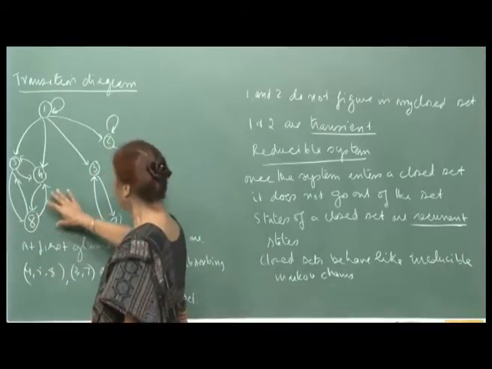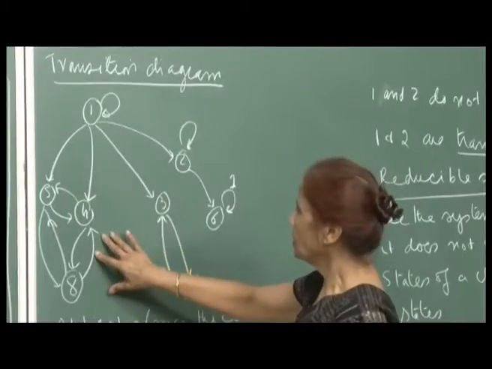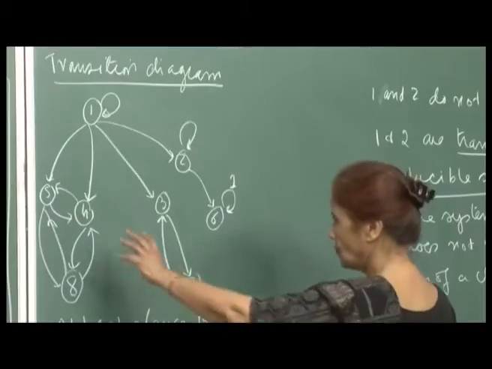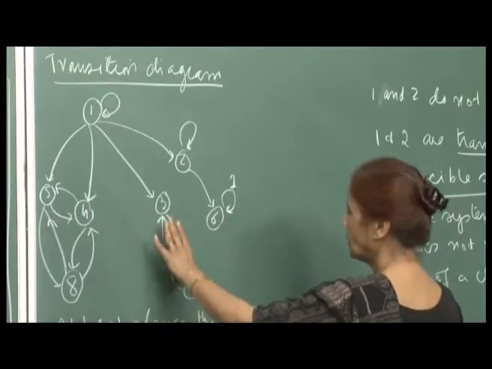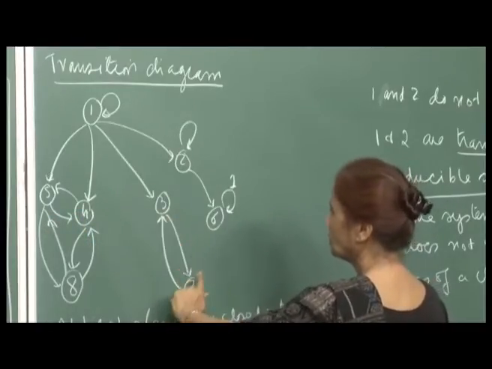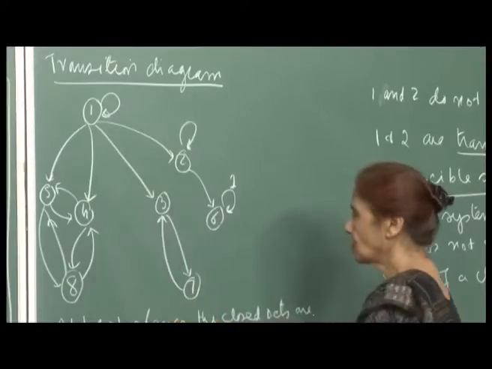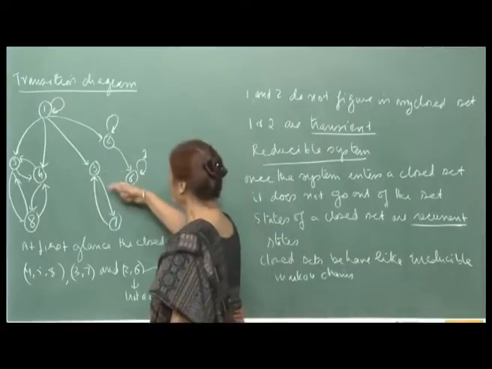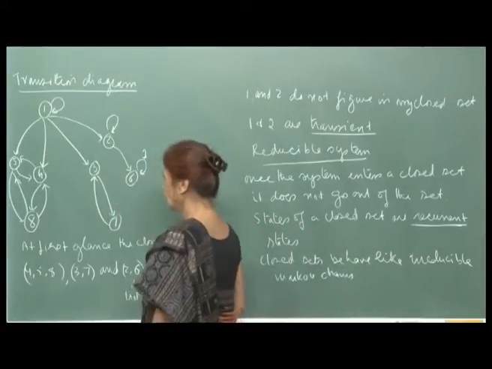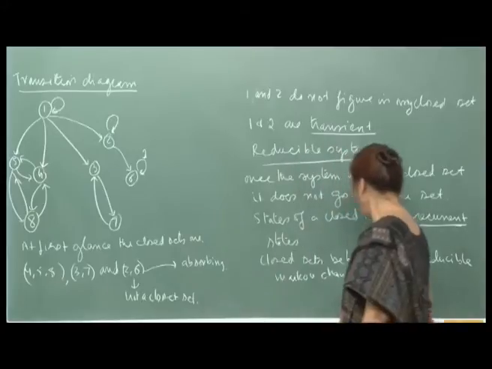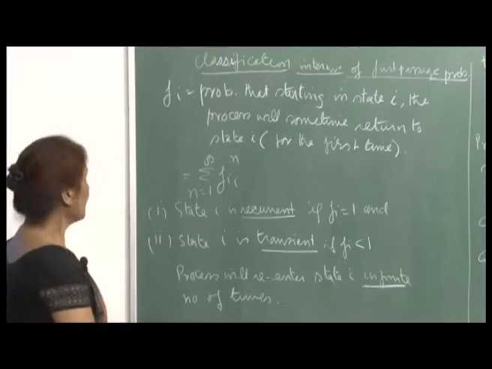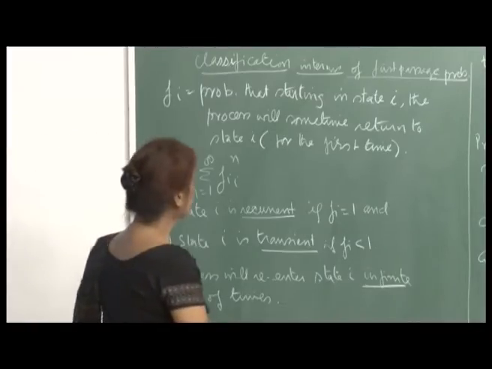So, a sub chain of the whole system which is irreducible, ergodic, in the sense that if you just consider this, and similarly if you consider the chain consisting of states 3 and 7, then they together form an irreducible chain, and both of them, 3 and 7, communicate with each other. So, further classification is needed.